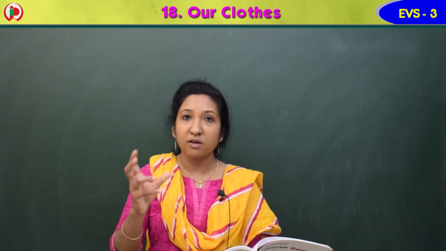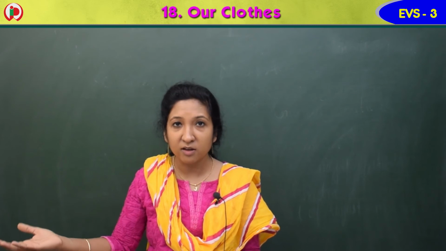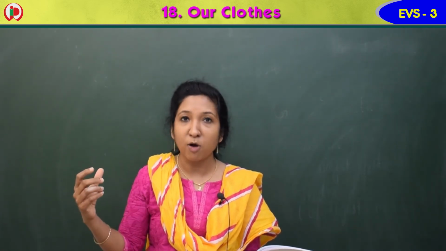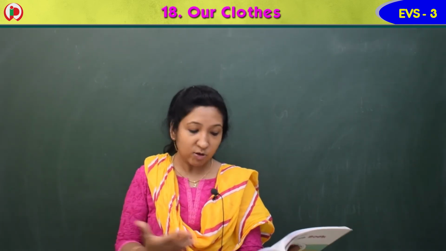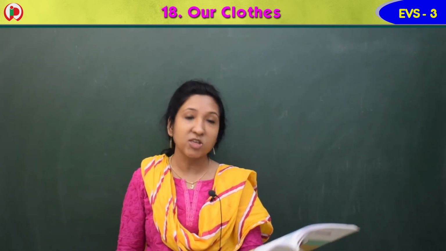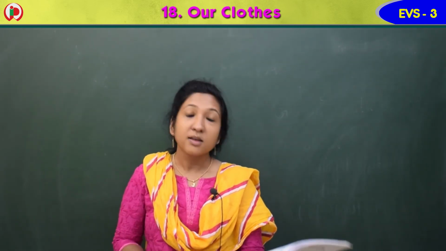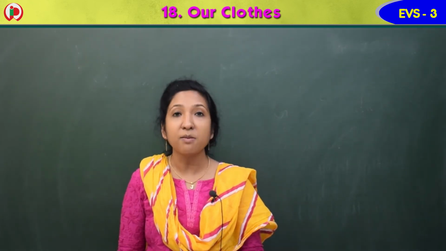To take the wool from the sheep to make woolen clothes, first the hair is removed from its body. Removal of hair from an animal's body is called shearing, S-H-E-A-R-I-N-G.